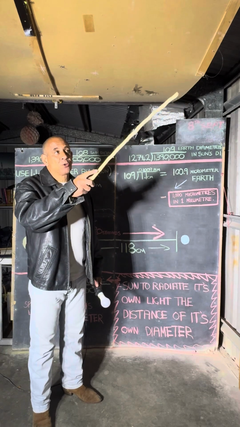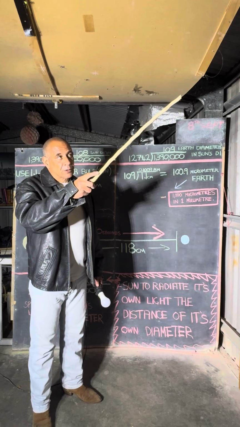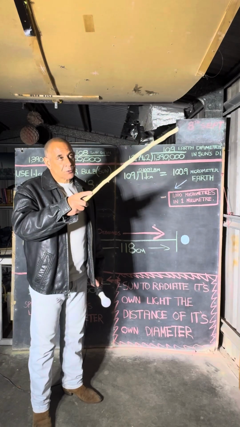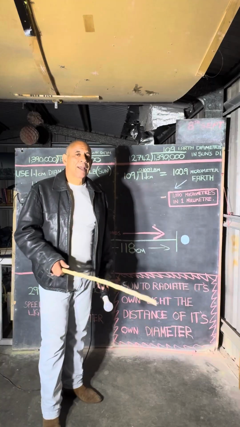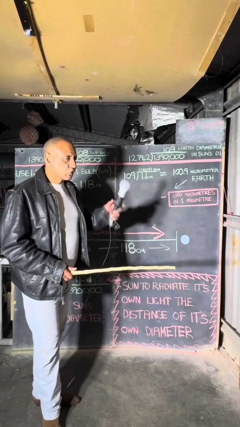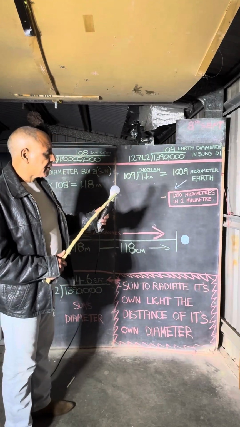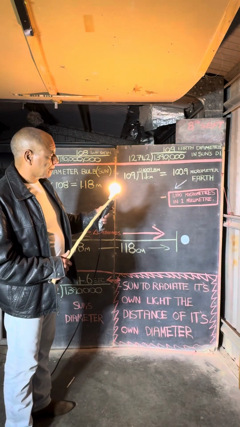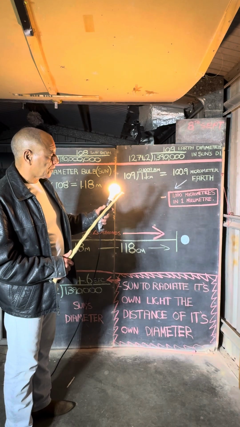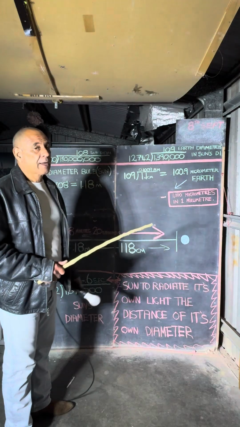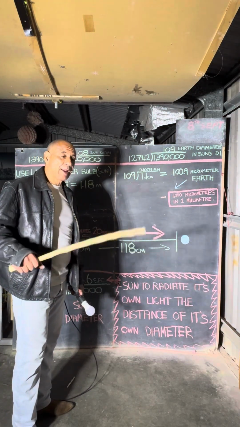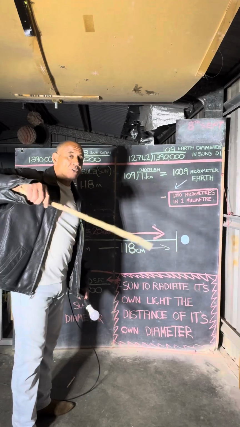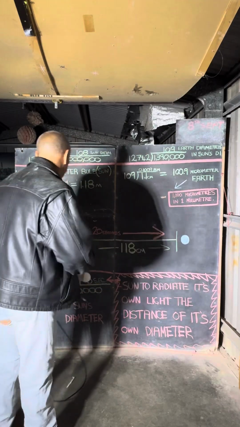So the sun behind that moon is going 1, 2, 3, 4.6 centimeters, 1 diameter, and then another. Guys, if you cannot see how stupid thinking anything takes 4.6 seconds to radiate its own light the distance of its own diameter, this right here is the common sense line, right?